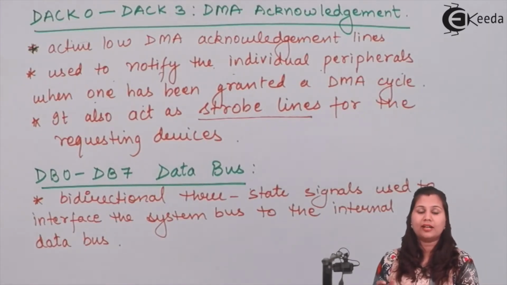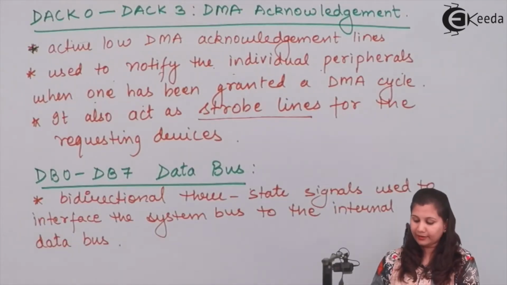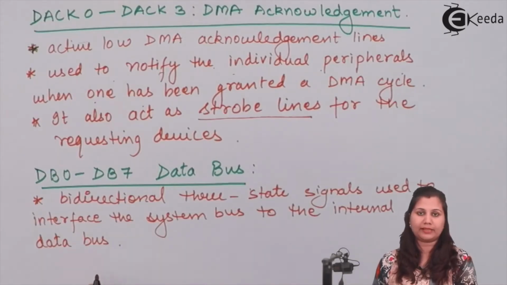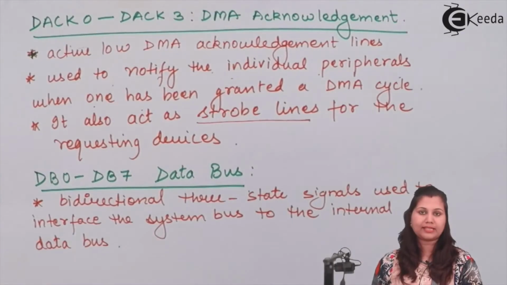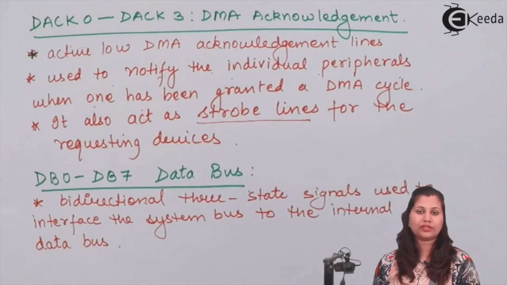That means the data can be transferred in both directions, and it is used to interface the system bus to the internal data bus. The internal data bus of this DMA controller and the system buses can communicate with each other using these data bus lines. So it is going to send the data and also receive the data.